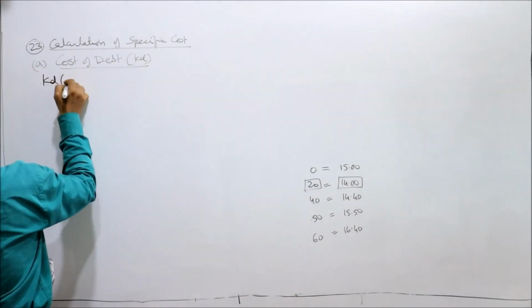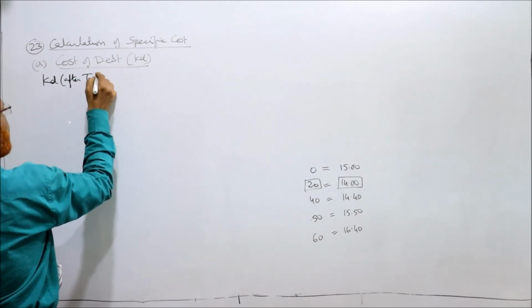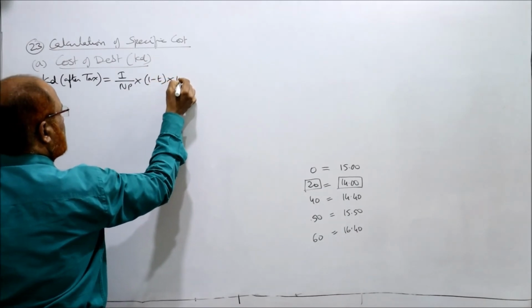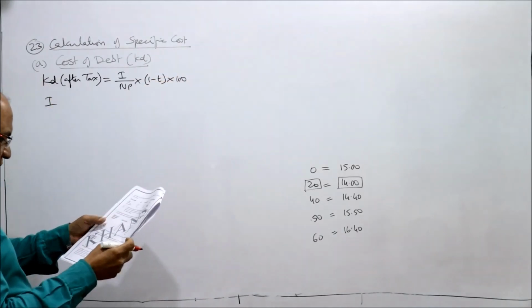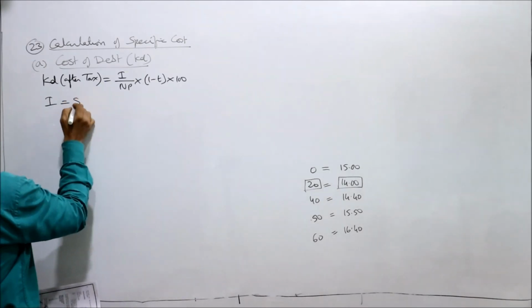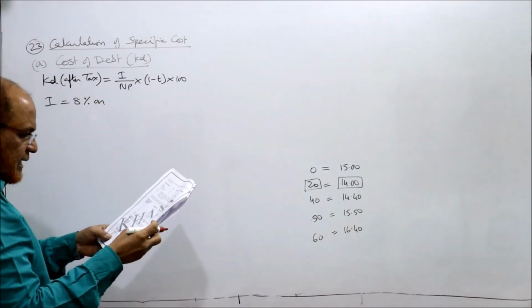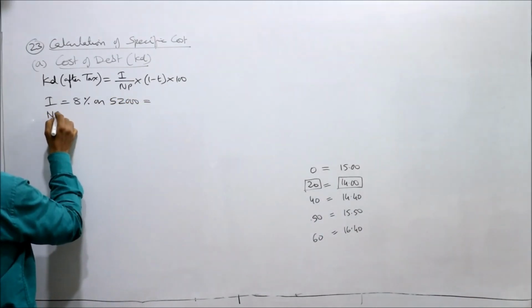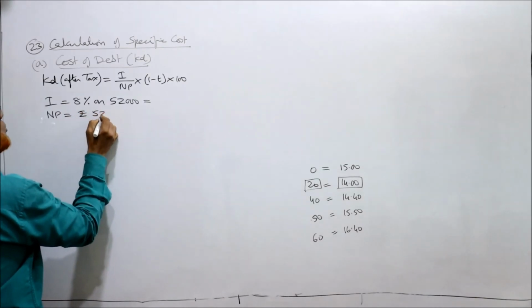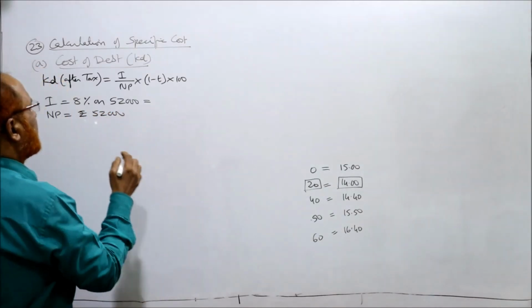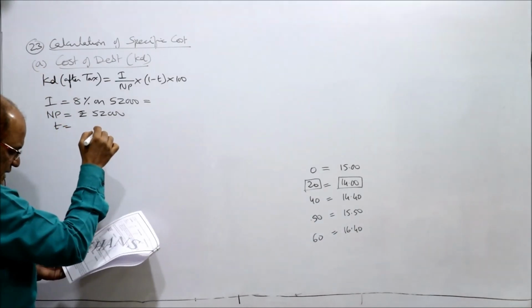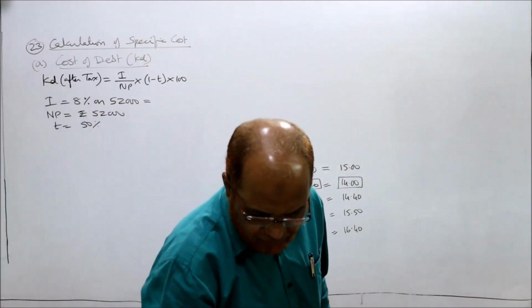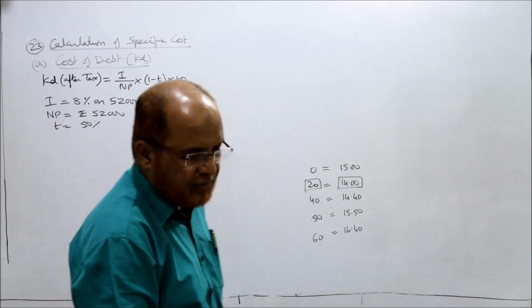KD after tax is equal to I by NP into (1 minus T) into 100. I is the rate of interest given, 8% on debt. The debt is 52,000. NP, net proceeds on issue, is rupees 52,000; no flotation cost, no discount, nothing. T is the tax rate, given as 50%. So 8% of 52,000 is 4,160.